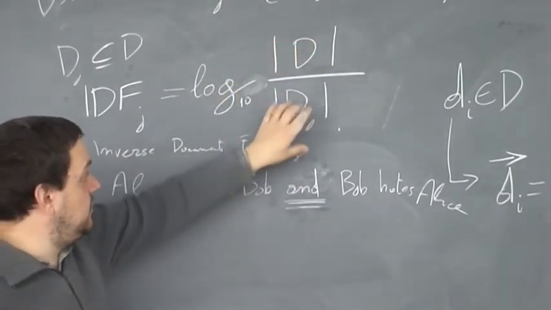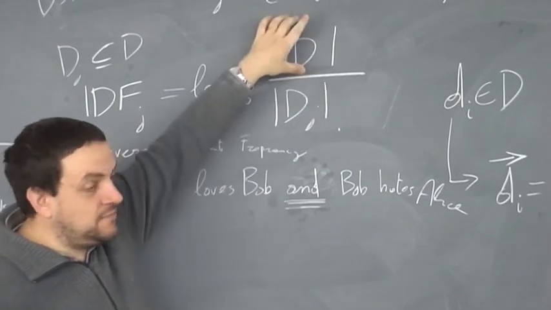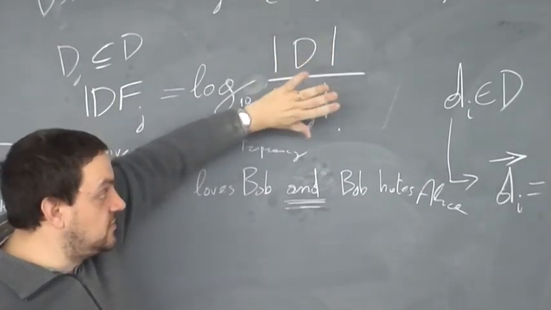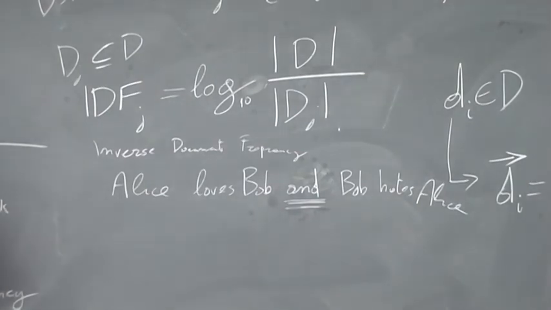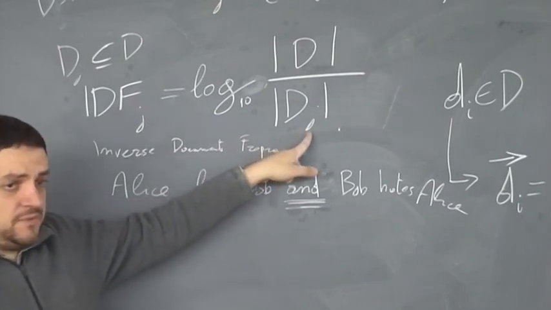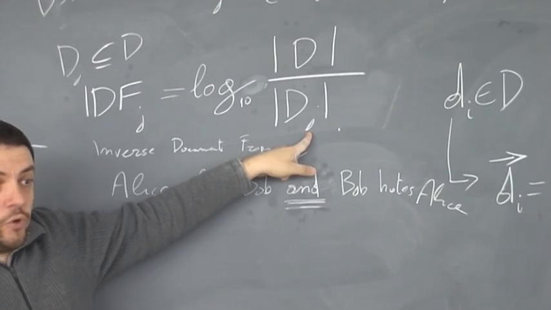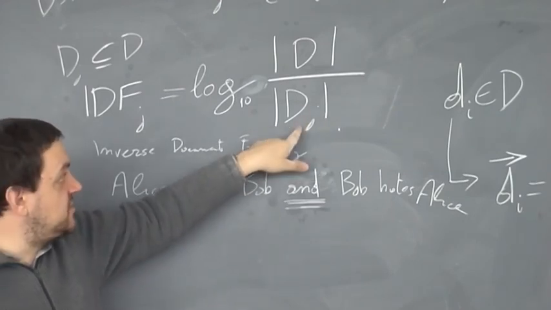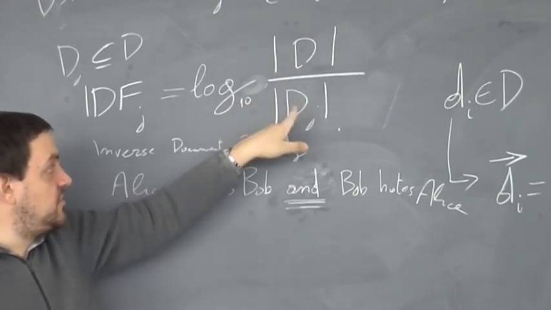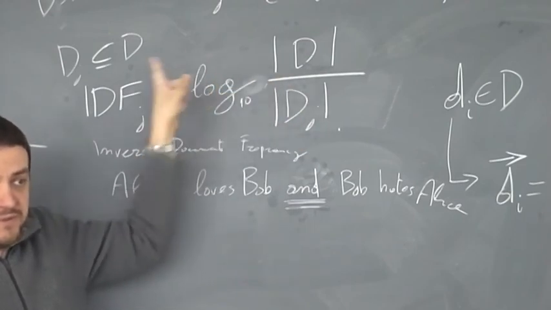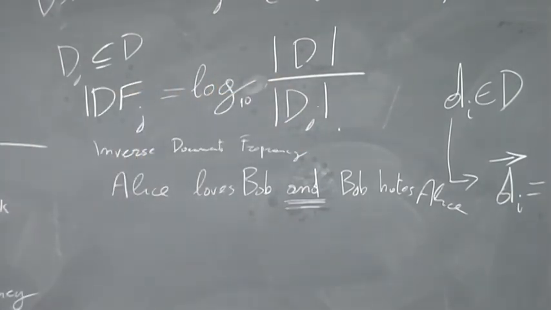A frequency is usually the size of the subset divided by the size of the universe. So this is the inverse, because I want something that grows, that is larger, when the term is not common, and something that is small when the term is common. You see that if the term is so common that it appears in all documents, so that D_j is equal to D, then this ratio is 1 and the logarithm becomes 0.